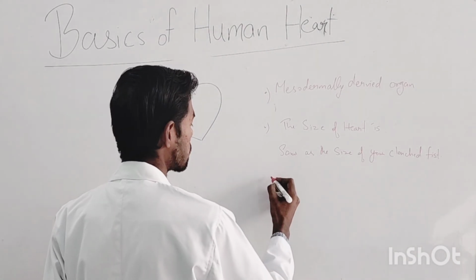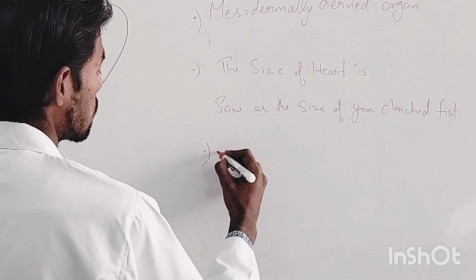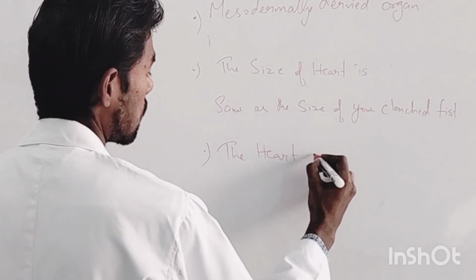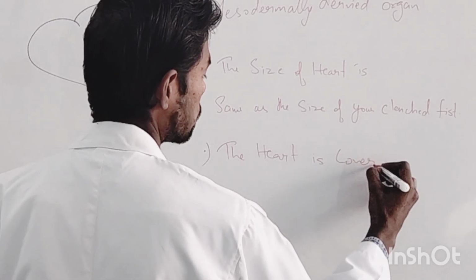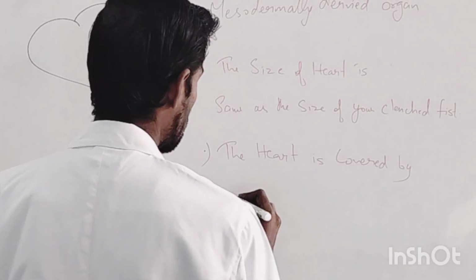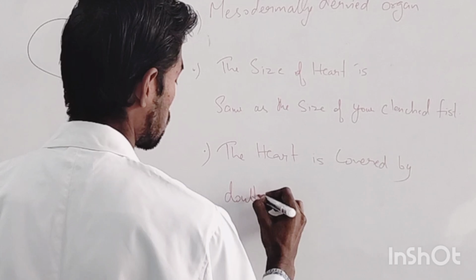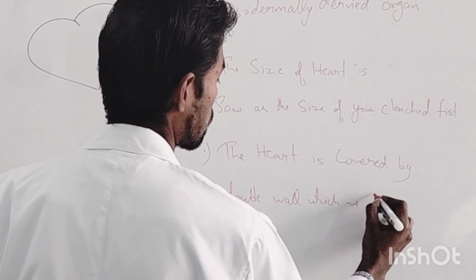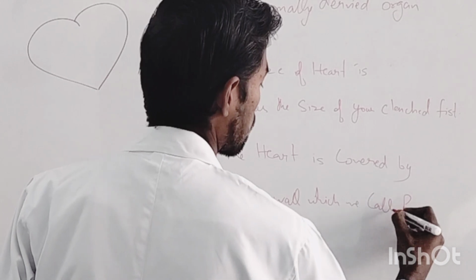Now the third point is that the heart is covered by a double wall, which we call the pericardium.